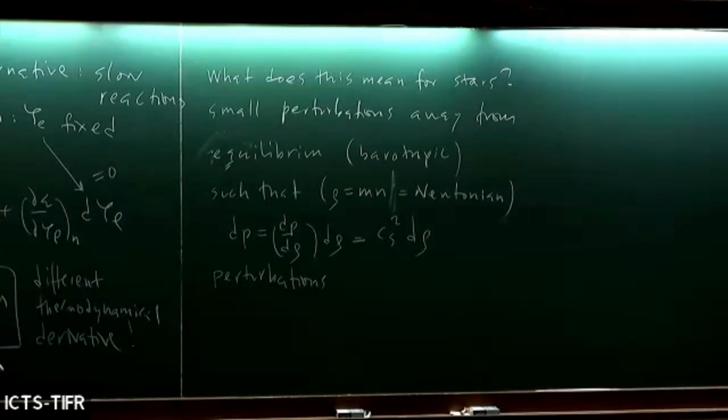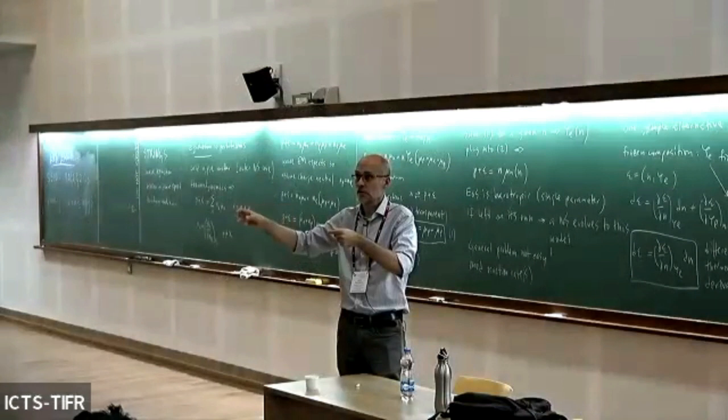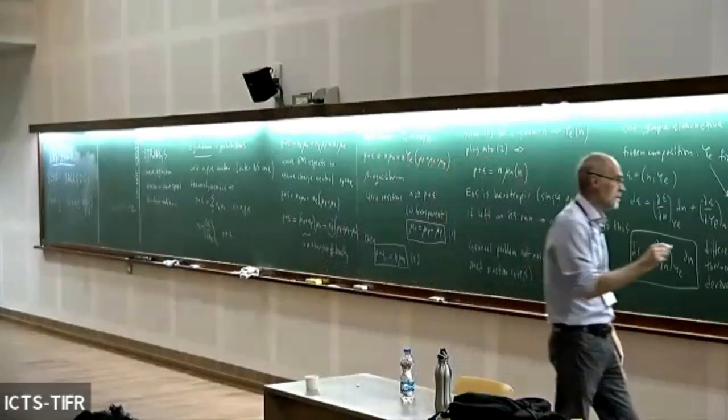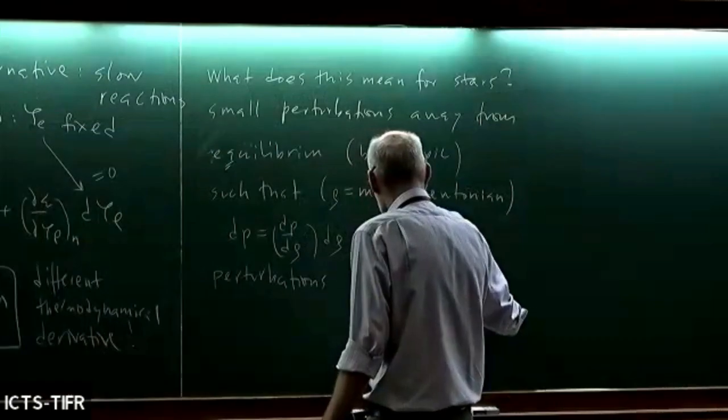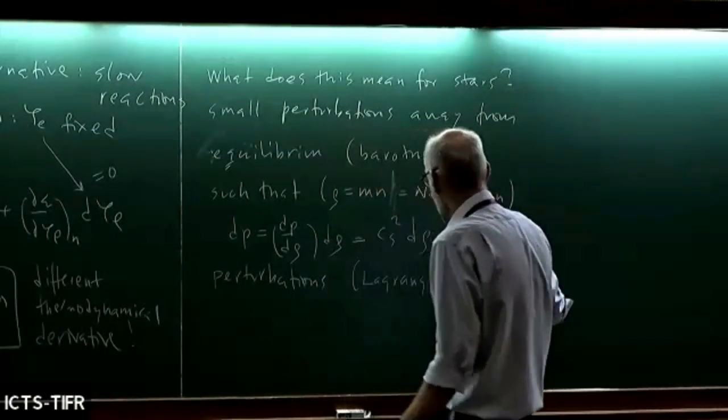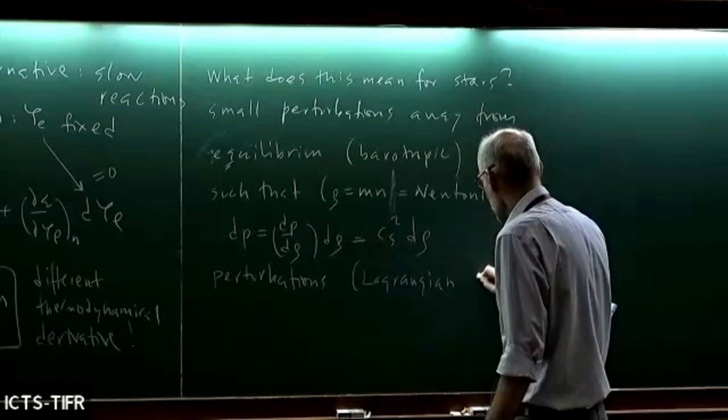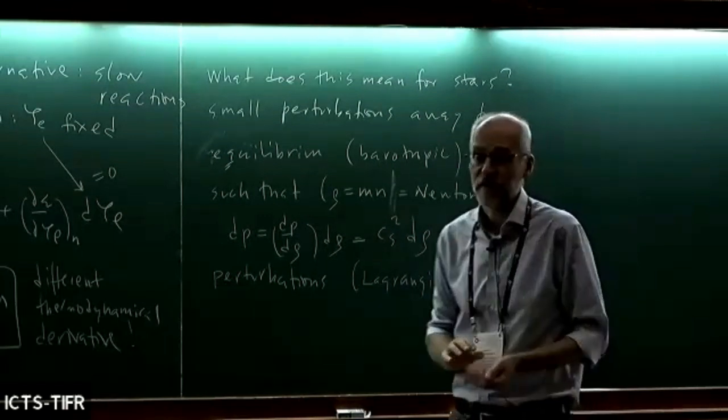But the fluid element is going to move if I perturb the star. So I need to ride along with this perturbed fluid element to make this statement about what I've got. So I need what we call Lagrangian perturbations, and I call them with delta. Okay?